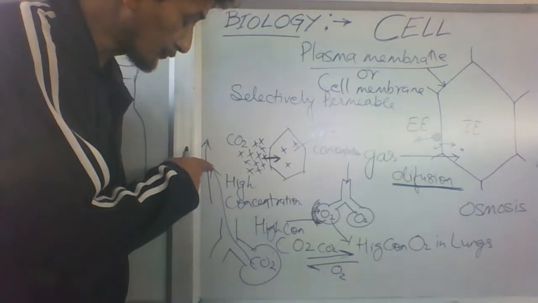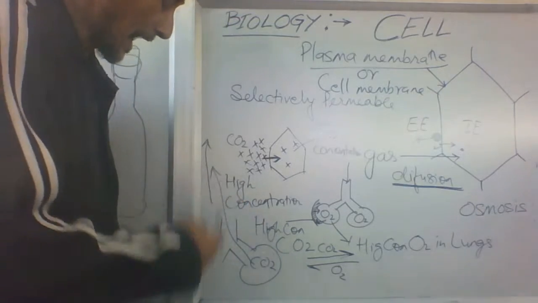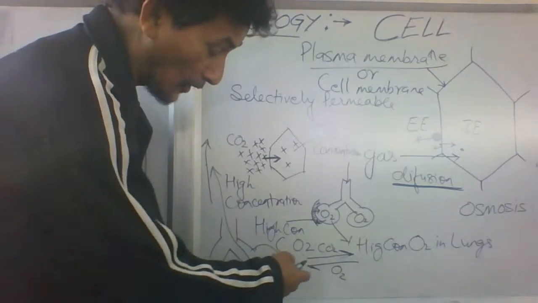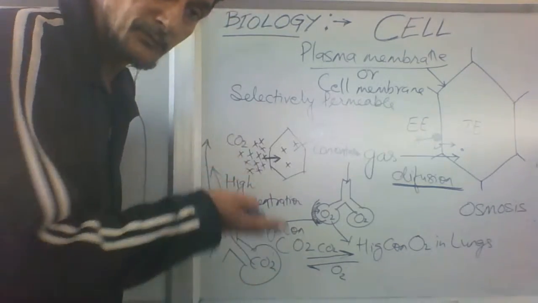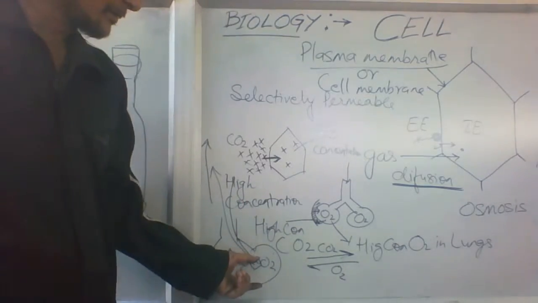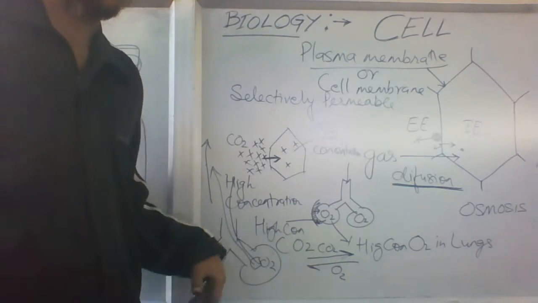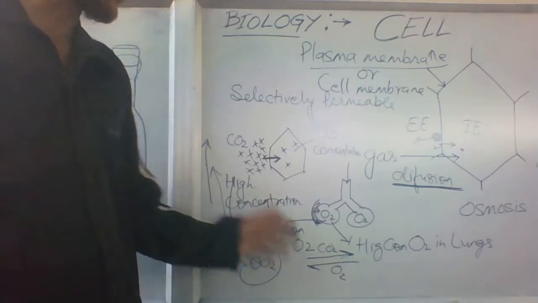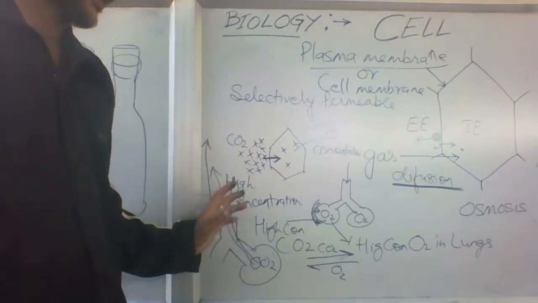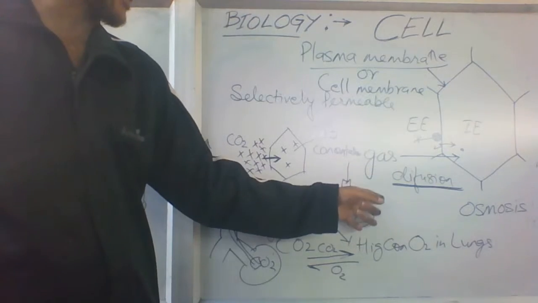So CO2 will rush out from our nostrils, the holes of our nose, into the atmosphere. And when the CO2 goes out, the concentration of oxygen is decreased in comparison with the atmosphere, so oxygen will go inside the lungs, and from here it will filter to the blood. The same phenomenon continues throughout our life. So the movement of gaseous particles from higher concentration to lower concentration is called diffusion, because this is a gas.